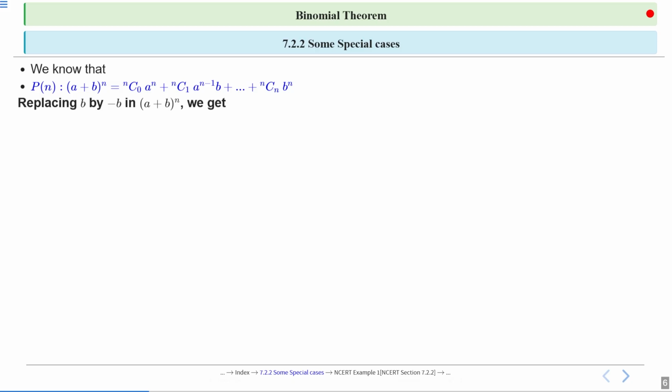Let's see what happens when we replace b by -b in the expansion (a + b)^n. We get (a - b)^n = nC0 a^n + nC1 a^(n-1)(-b) + ... + nCn (-b)^n.